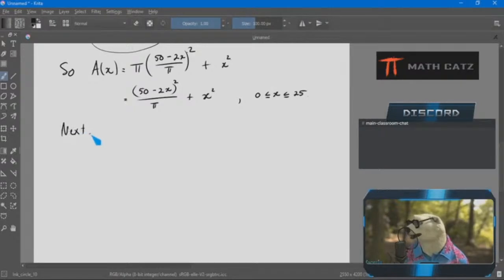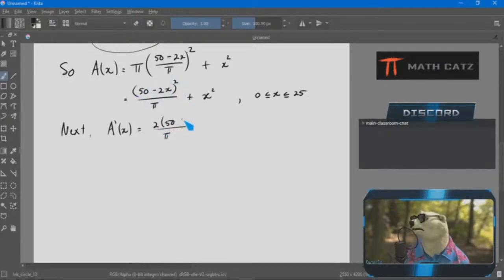So this seems good enough. Next, I will find my derivative because I need to find the critical points, right? Now I just have a constant 1 over pi in front, or I could leave it at the bottom. It's not a quotient rule because the denominator is constant. And I have a little chain rule here, not a super big deal.